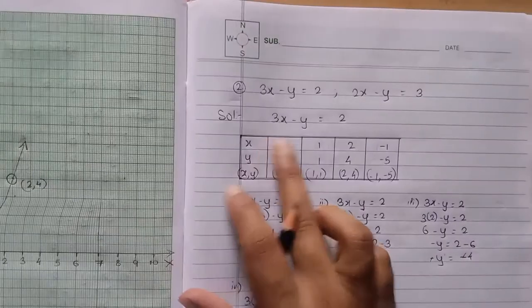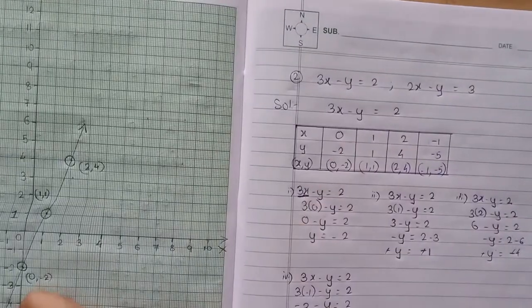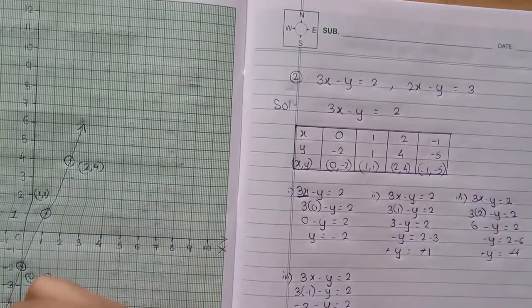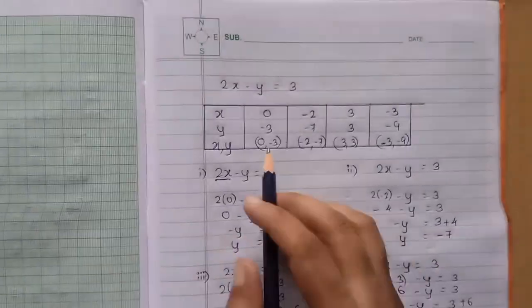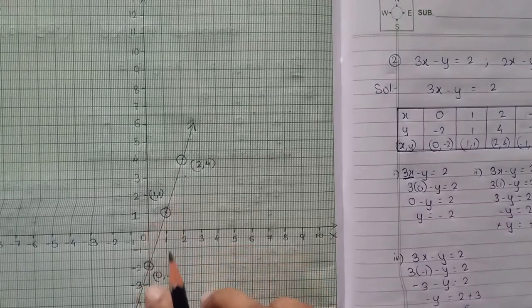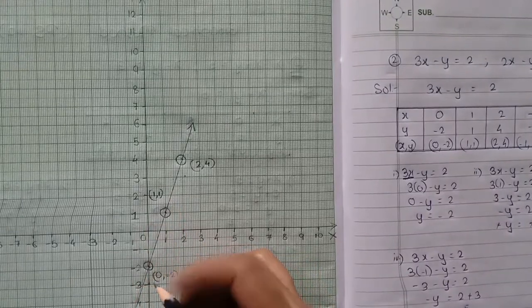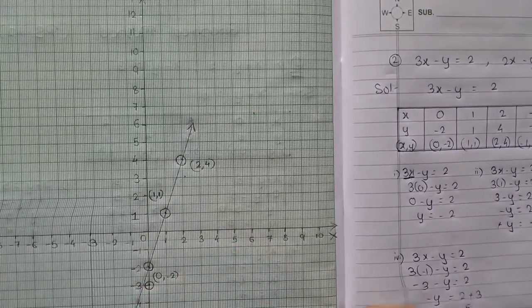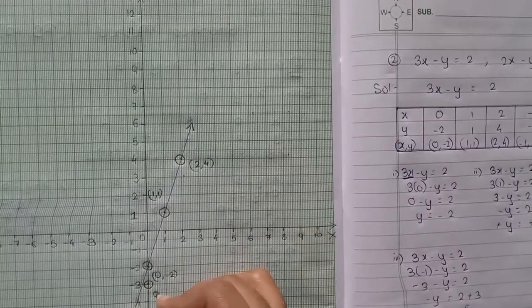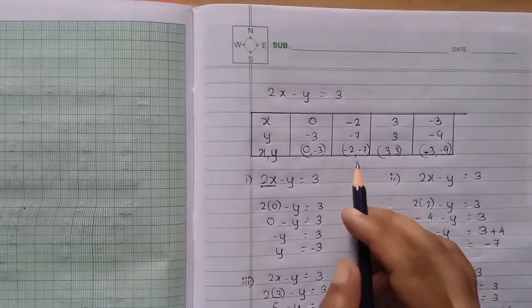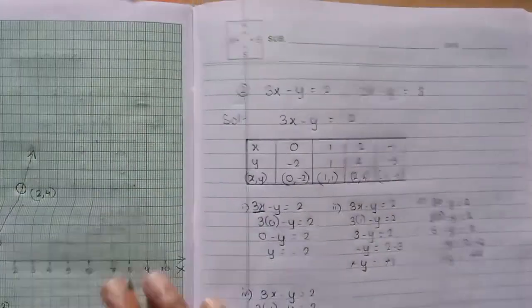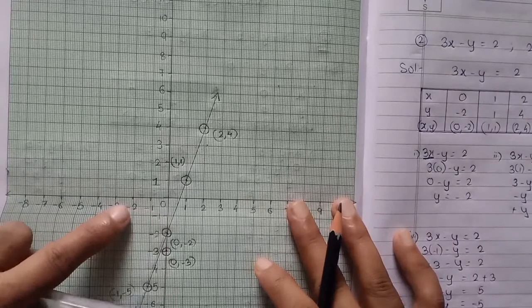Name the line 3x minus y is equal to 2. Okay, now let's plot the points of the other equation. The first point was 0 comma minus 3. X is 0 and y is minus 3. Okay, name it 0 comma minus 3. The next point is minus 2 comma minus 7. X is minus 2 and y is minus 7.